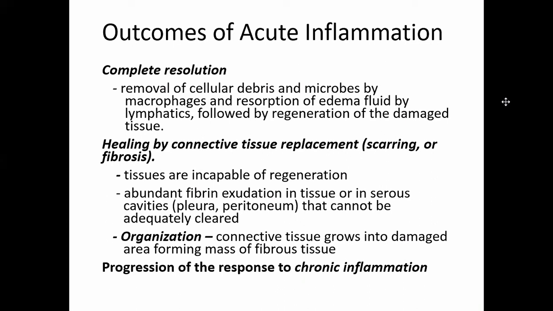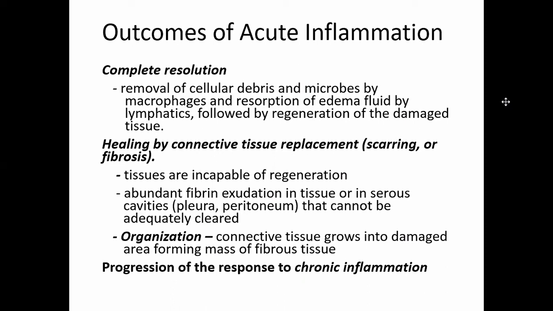Second is healing by connective tissue replacement, or the production of scarring and fibrosis. These tissues usually are incapable of regeneration, and there is abundant fibrin exudation in the tissues or in serous cavities like the pleura or the peritoneum that cannot be adequately cleared.